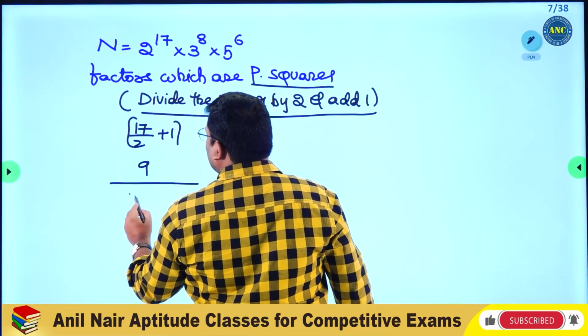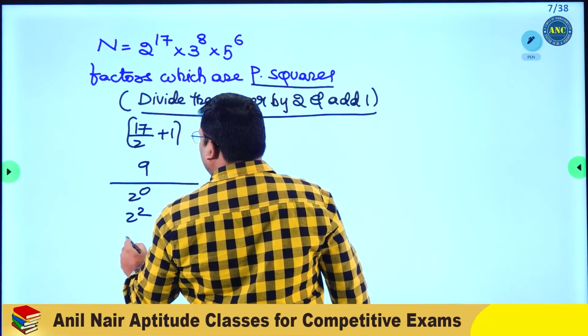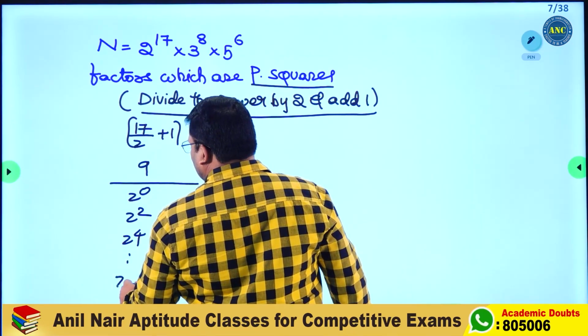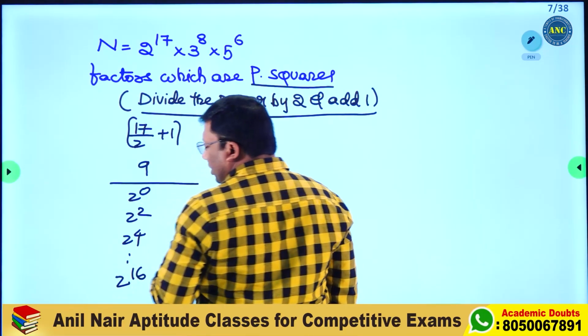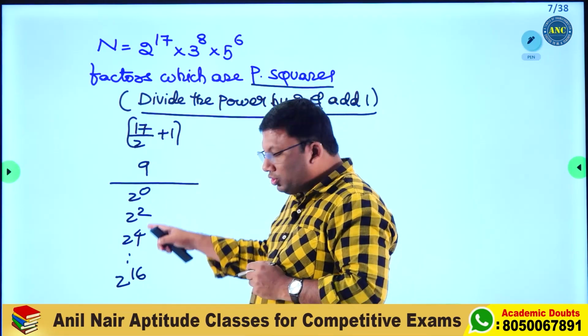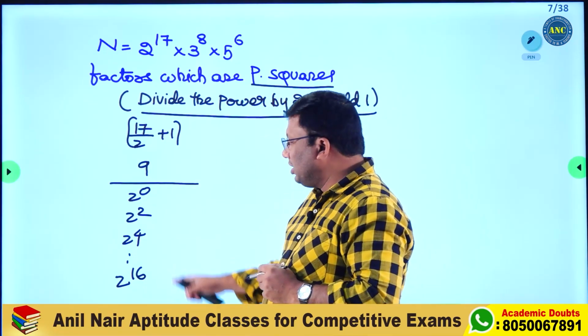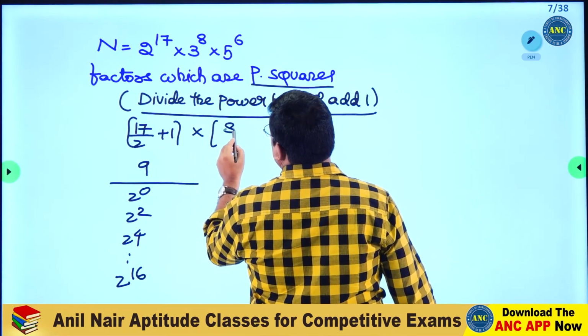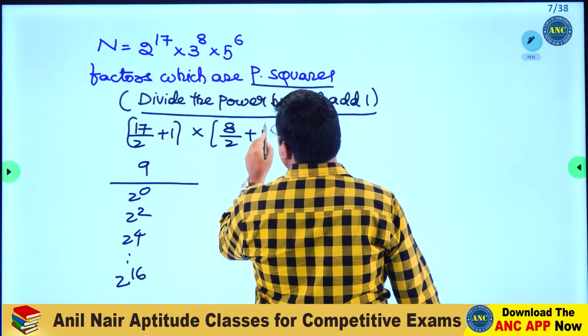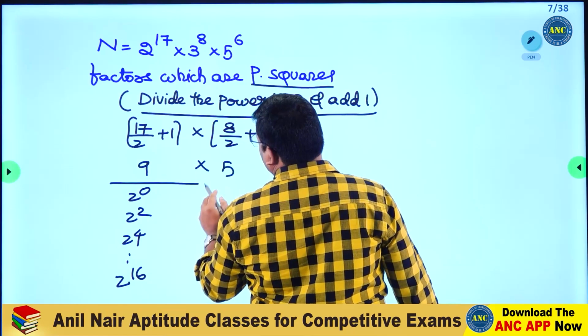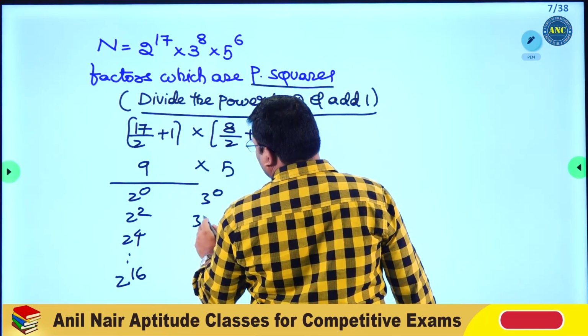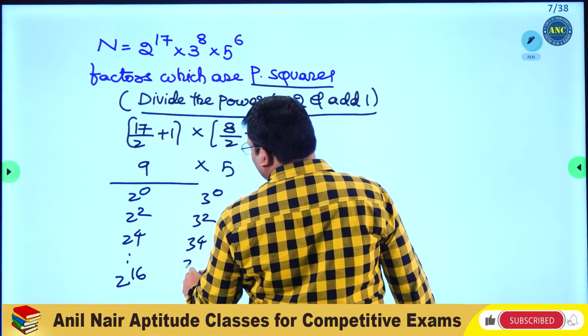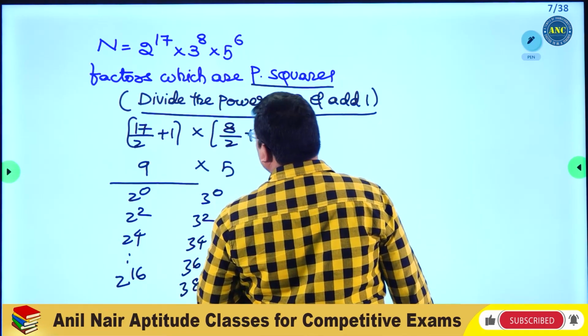What are the 9 cases? 2 power 0, 2 power 2, 2 power 4, till 2 power 16. 0 to 2, 2 eights are 16. So 8 plus 1, 9. Here it is 8 by 2 plus 1, 4 plus 1, it is 5. What are the 5 cases? 3 power 0, 3 power 2, 3 power 4, 3 power 6, 3 power 8.